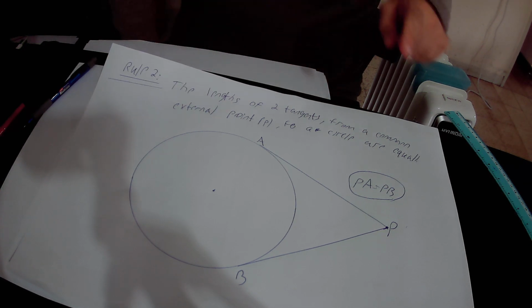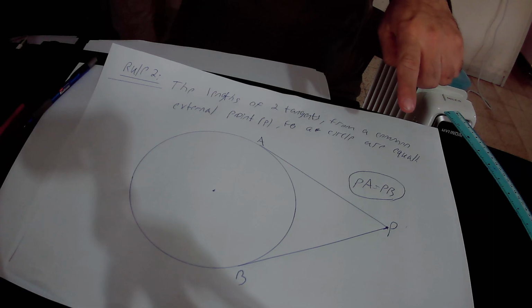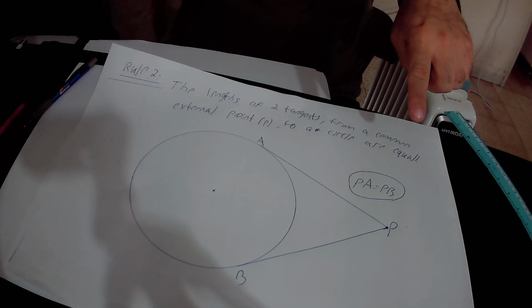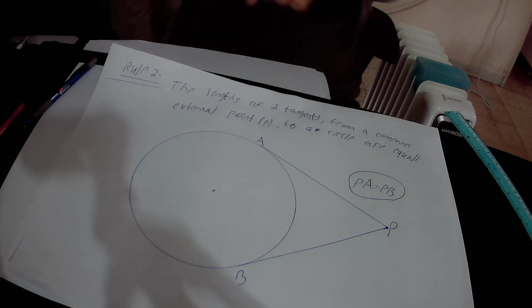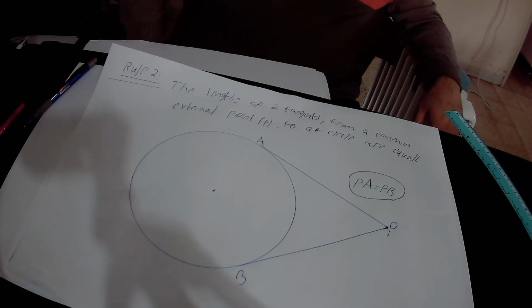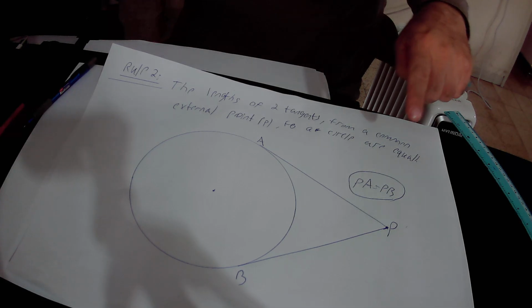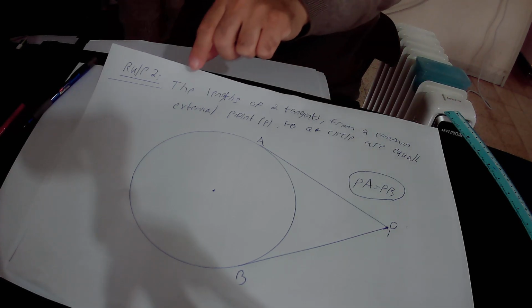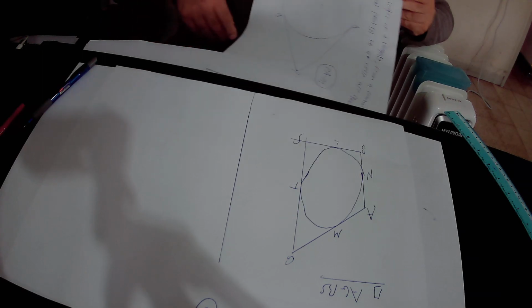We have the common starting point P. From the common starting point P, we have two tangents to the circle, tangent PA and tangent PB. And according to rule number 2, whenever you draw from a common starting point two tangents to a circle, the lengths of those two tangents will be equal to each other. In this case, PA equals PB. You can implement rule number 2 in our drawing.